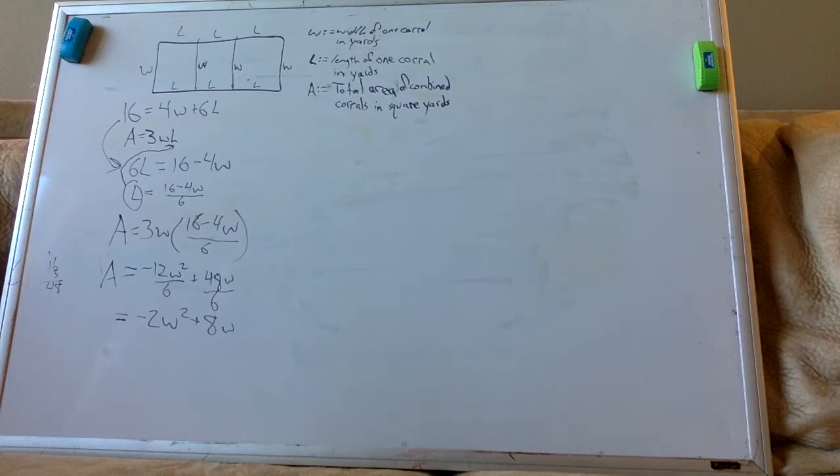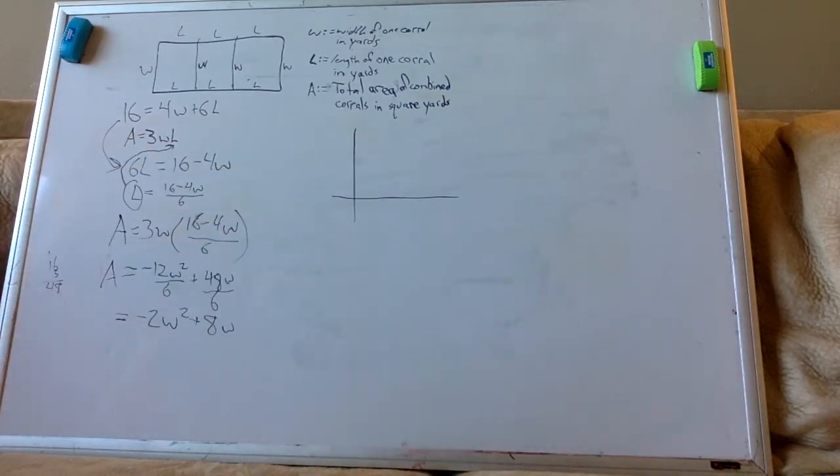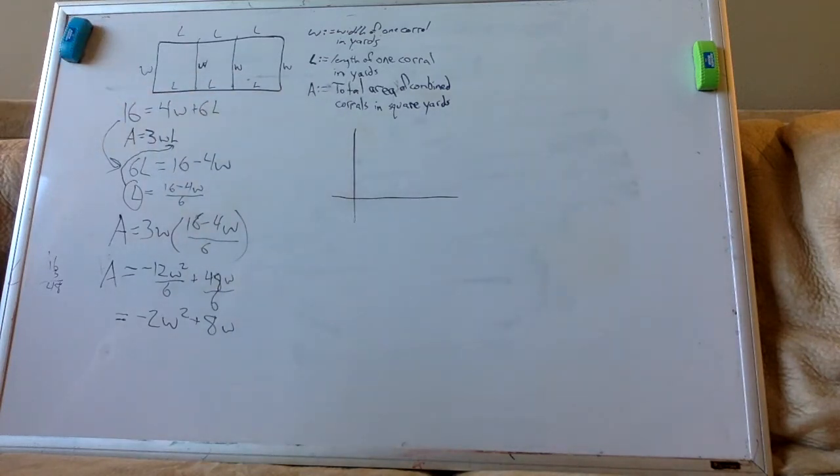So if I was going to graph this, I know some limits. I know that my W is not going to go past 0, so that's a hard endpoint of my domain. And then, if I had a width of 4, and 4 of those would be 16, that's another situation where I would have that.